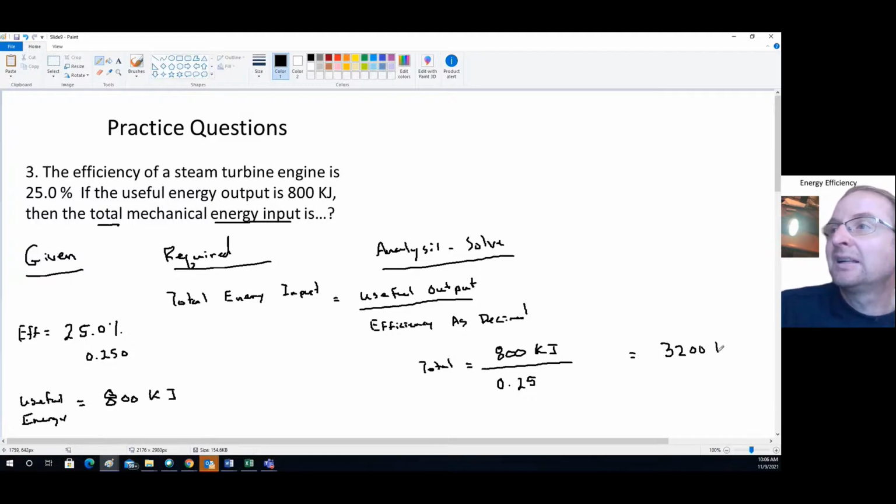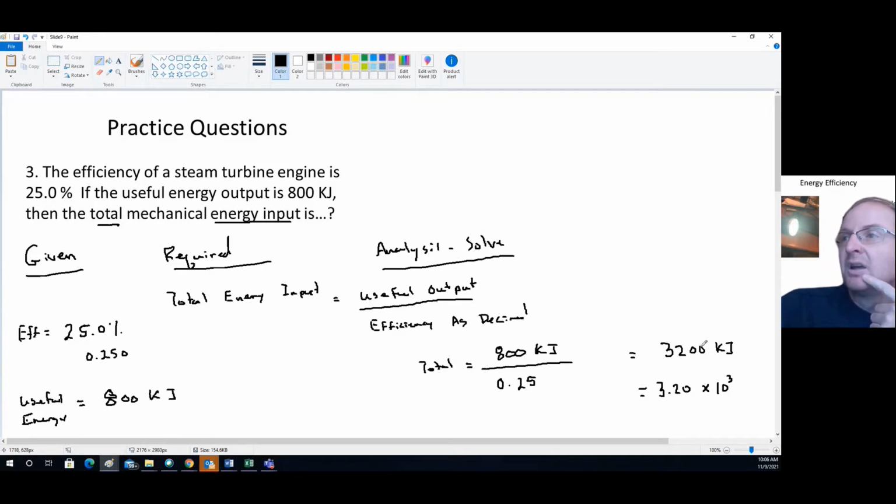3,200 kilojoules of total, but we only had 3 sig digs. We got to stop there. So we got to write this in scientific notation. 3.20, there's our 3, times 10 to the 3, right? This is 1,000. In other words, it's a 3 followed by 3 zeros, or three places.